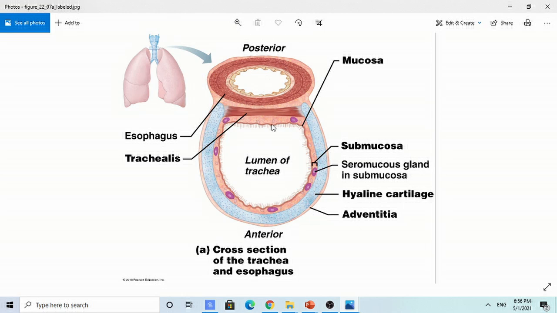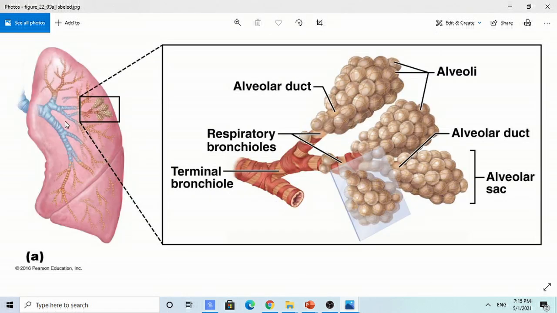So I want you to notice that the airway is covered with this tissue, which is known as ciliated pseudostratified epithelium.